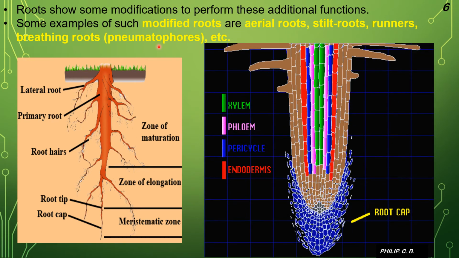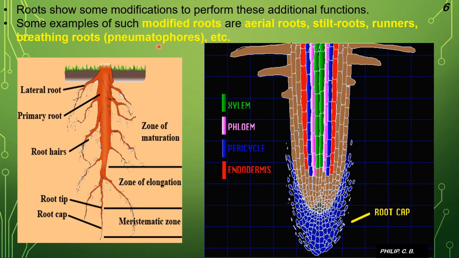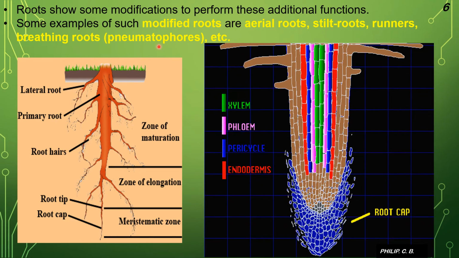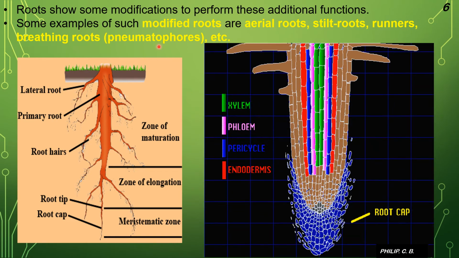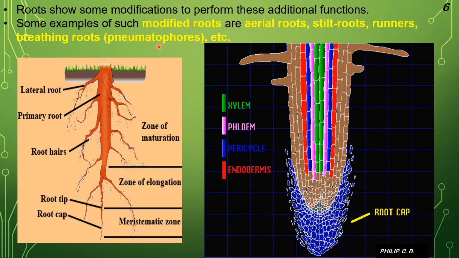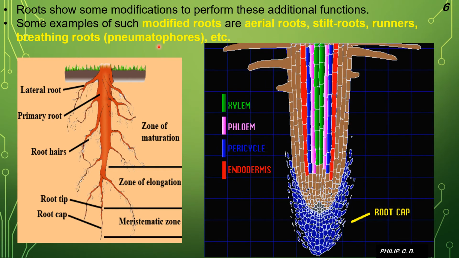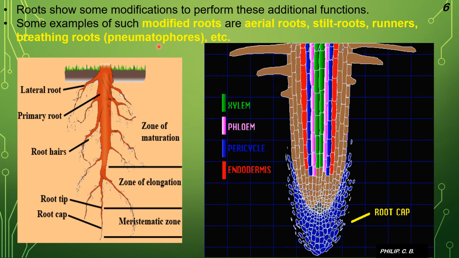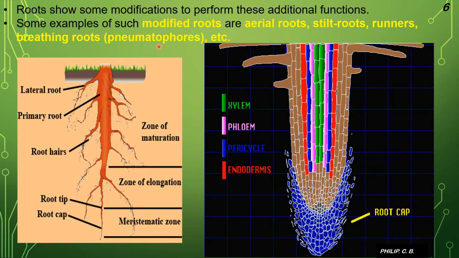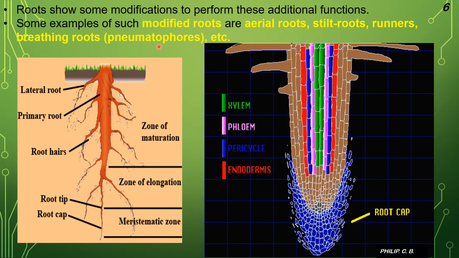Okay, then breathing roots. Now you may ask how breathing takes place in roots, right? Even roots breathe. That is why I said aerial roots are present, the stilt roots, and every root has its peculiar function. Here in breathing roots, as the name itself says, it helps in breathing, right? Why? Because of the condition where these particular plants are present.